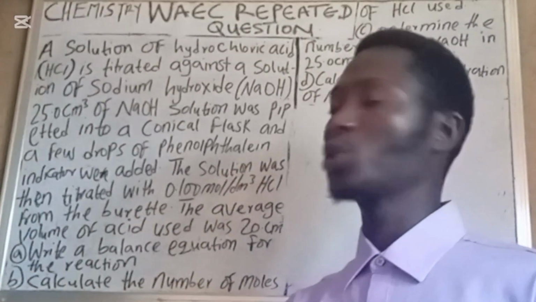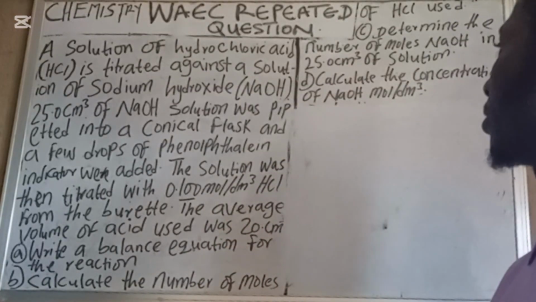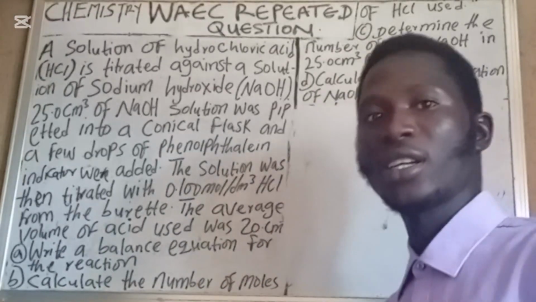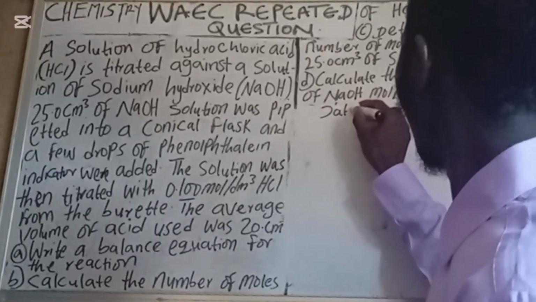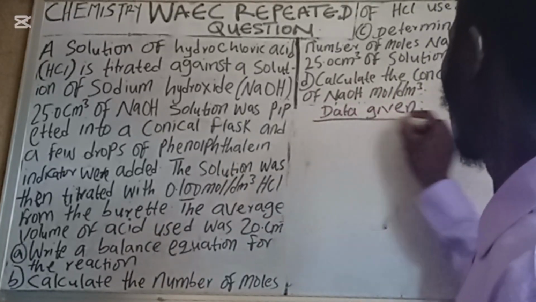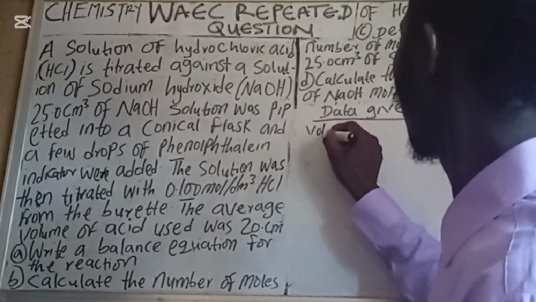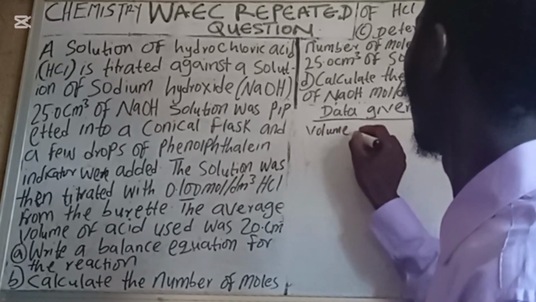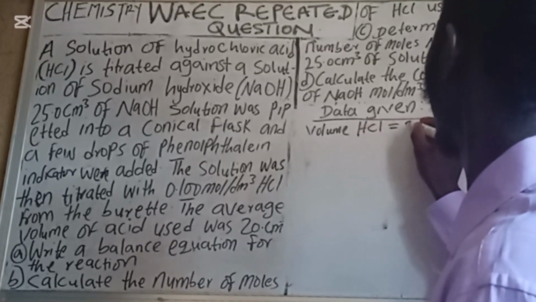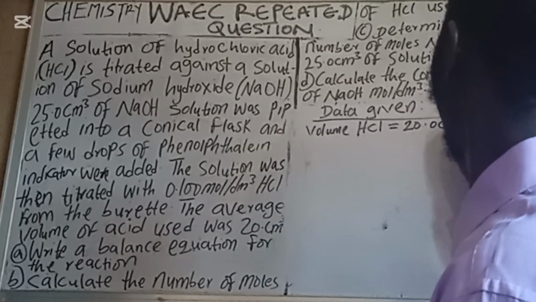So the first thing we have to do to start solving this question is bring out the data given, so that we know what the next thing to do is. The data in the question: volume of HCl is equal to 20.0 cm³.